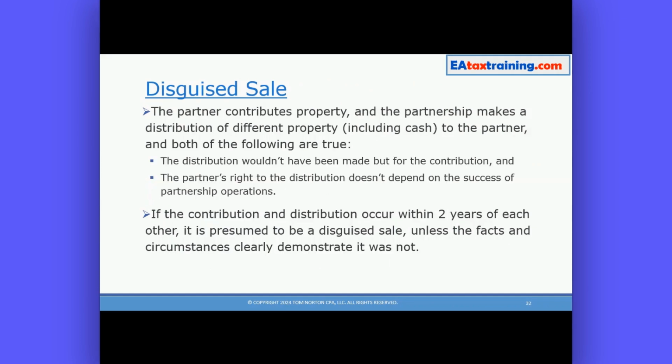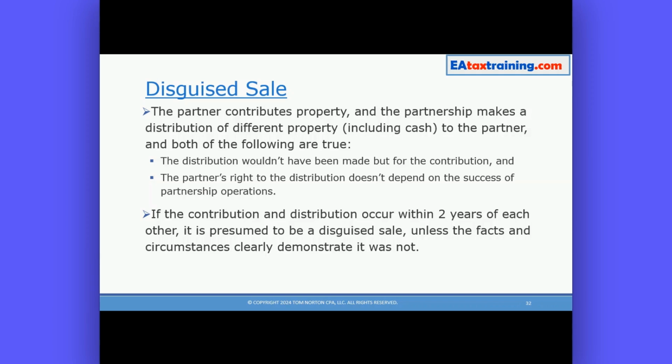For the disguised sale, the partner contributes property and the partnership makes a distribution of different property, oftentimes it's cash, but it doesn't have to be, to the partner, and both of the following are true. That distribution would not have been made but for the contribution of the property, and the partner's right to the distribution did not depend on the success of the partnership operation. So that's what they're saying.